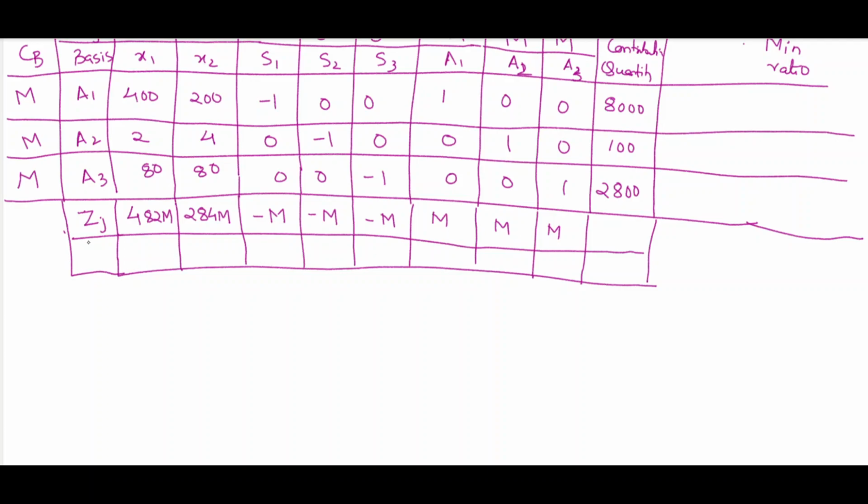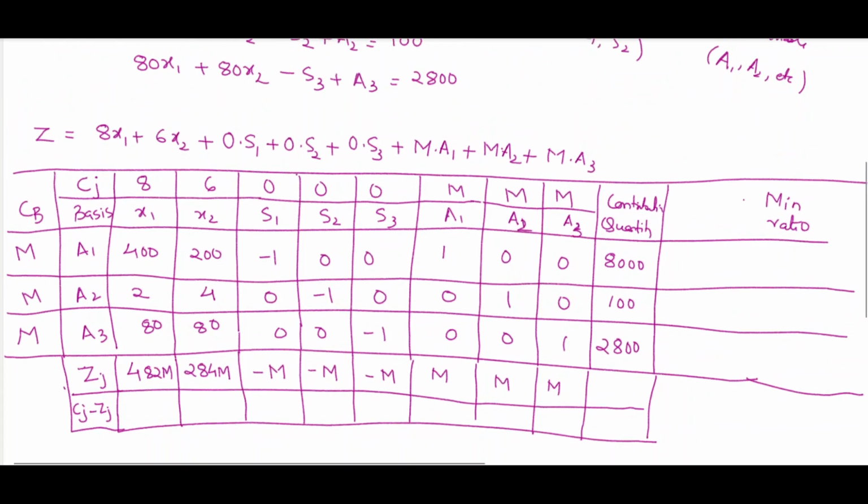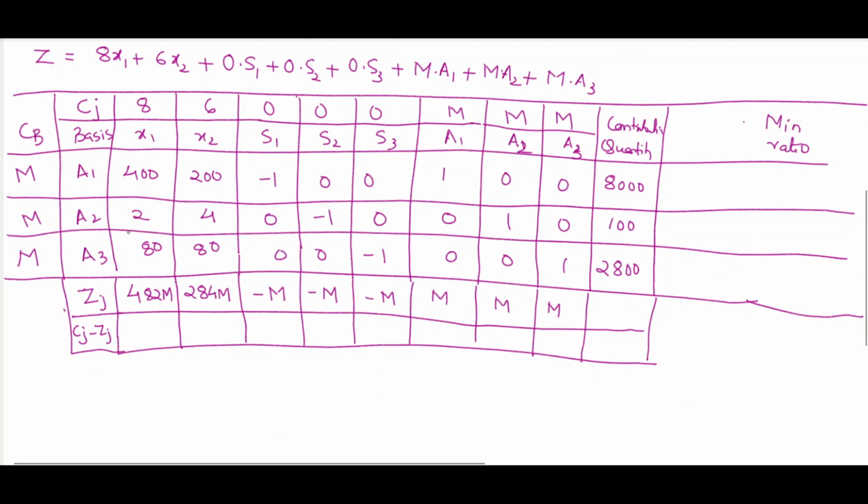Now the next row that you will compute is Cj minus Zj. What is Cj? You have Cj here. For this column, Cj is 8. So it will be 8 minus 482M. Write it down here, because there is no space here.